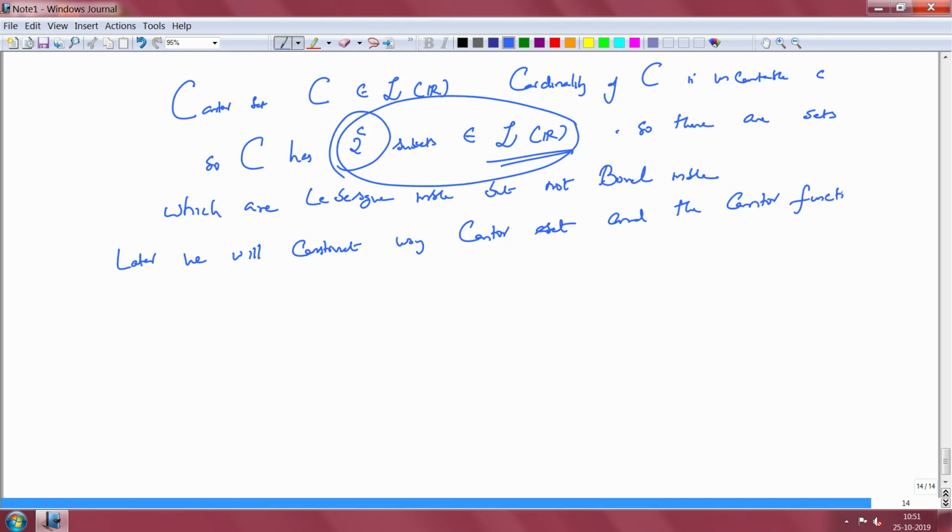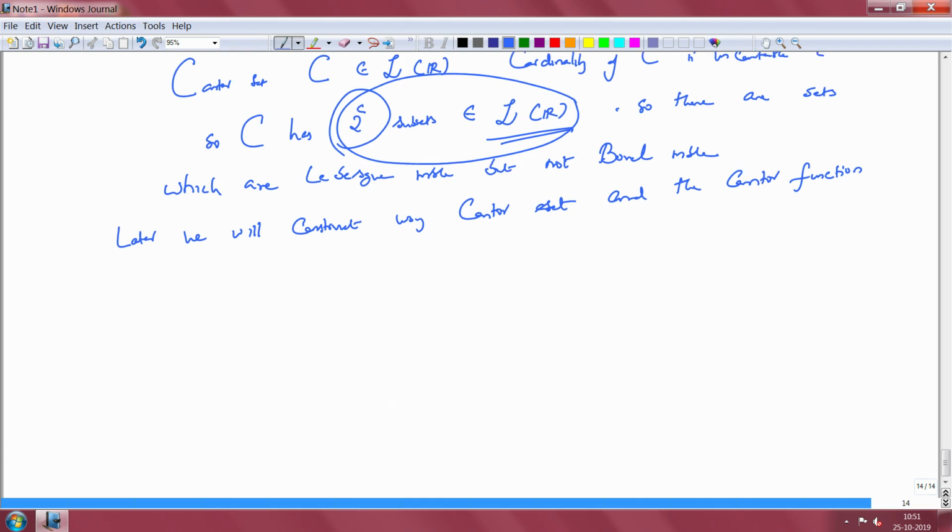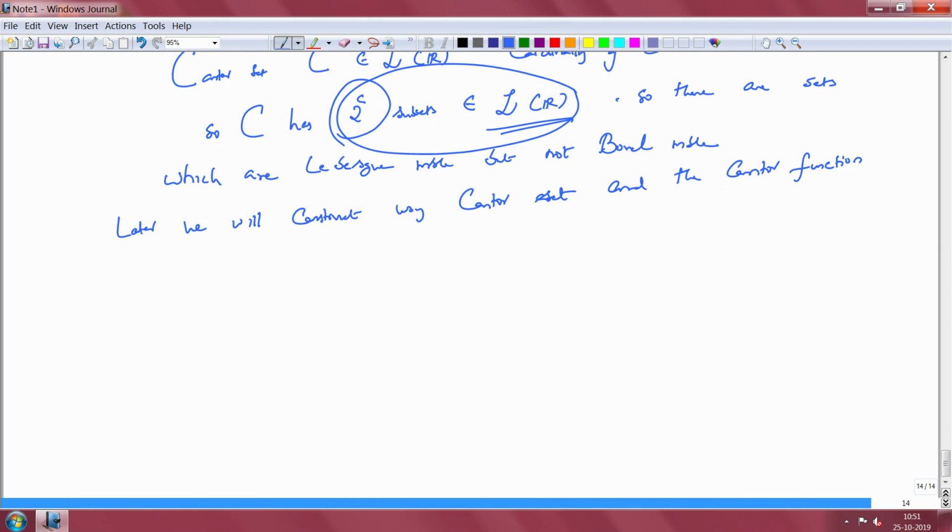I will explain what that is when we do the construction. The construction is not very explicit, it is just a proof of existence, not using the cardinality argument. So, construct meaning proof of existence, using the Cantor set and the Cantor function, of sets which are Lebesgue but not Borel.